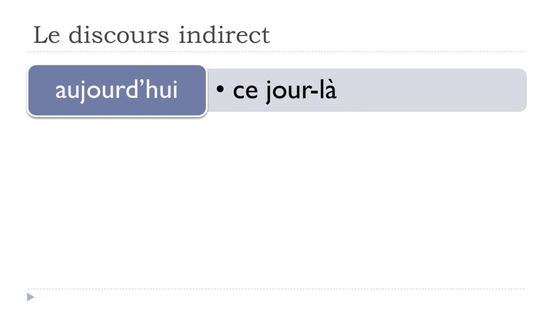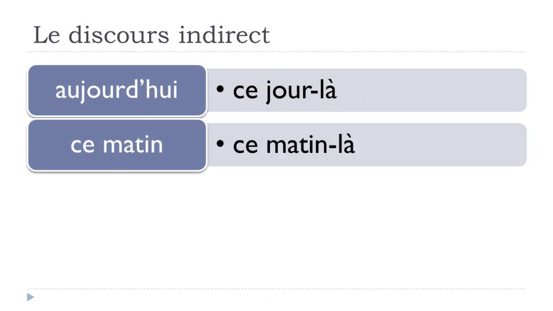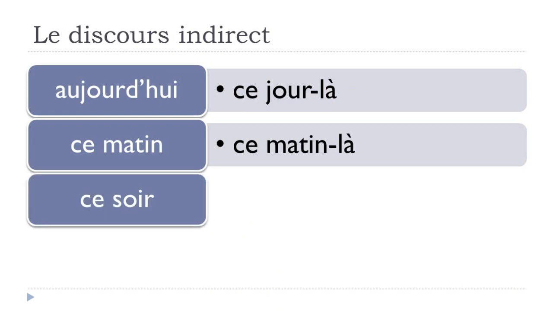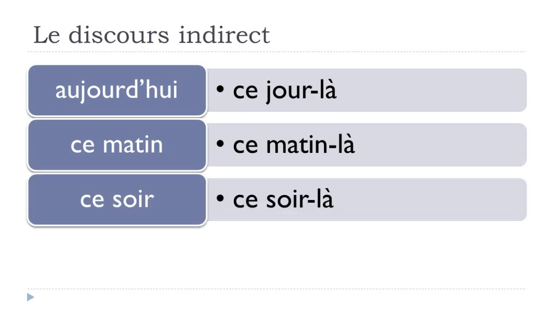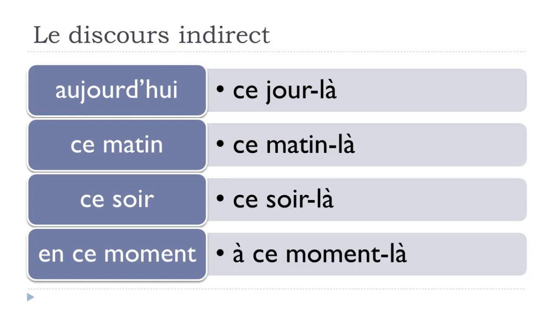So aujourd'hui is not possible to be used in the discours indirect form, you should use ce jour-là instead. Same thing, ce matin, this morning, you will use ce matin-là. Ce soir, ce soir-là. And then en ce moment, at this time, should be à ce moment-là.